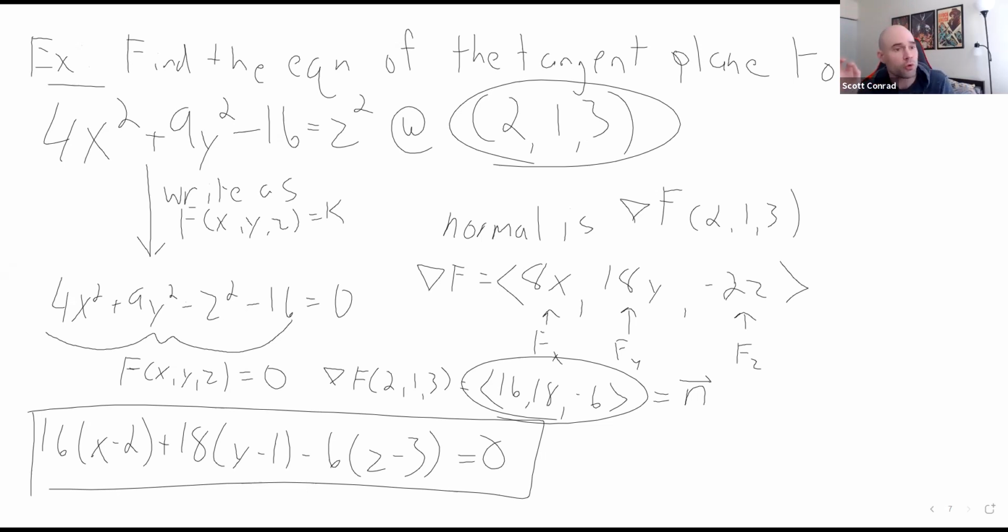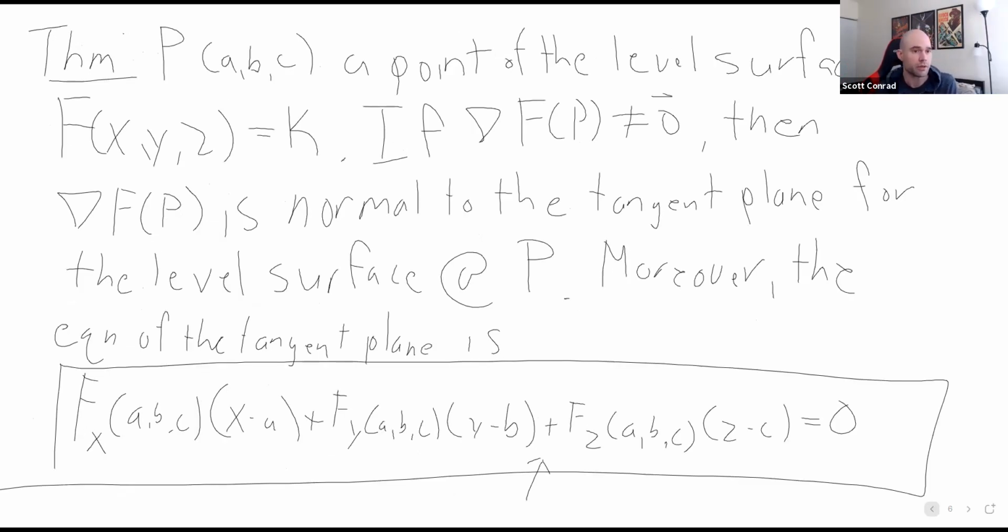Okay, so to avoid some confusion, let me explain how the equation we already learned you can actually get from this equation here. They're essentially the same thing.